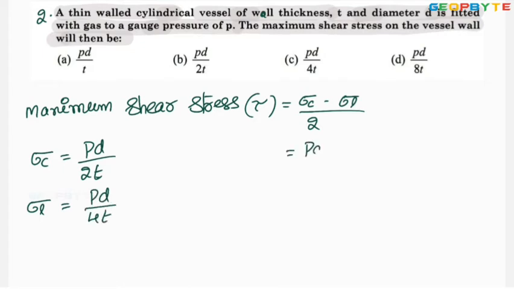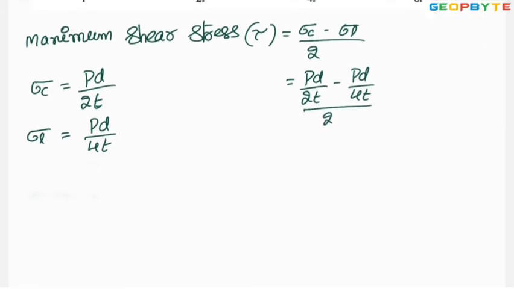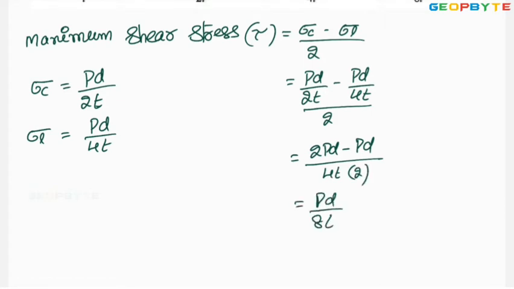It is equal to PD by 2T minus PD by 4T divided by 2. Simplify this value. It is 2PD minus PD by 4T into 2. It is equal to PD by 8T. Therefore, the maximum shear stress tau max equal to PD by 8T.